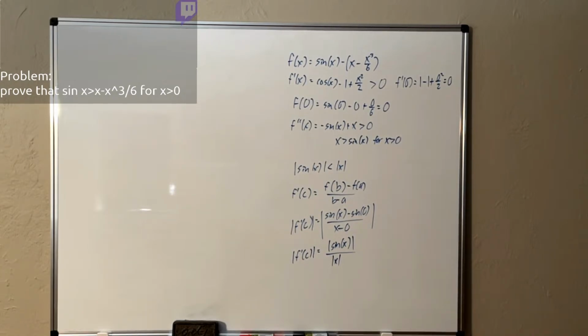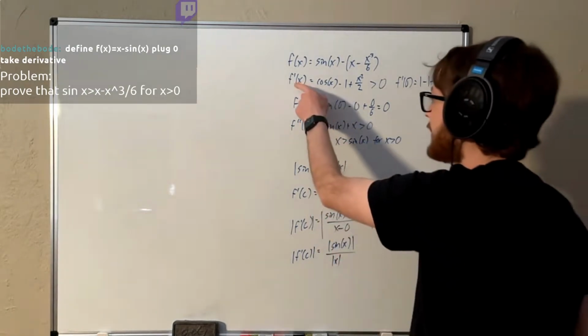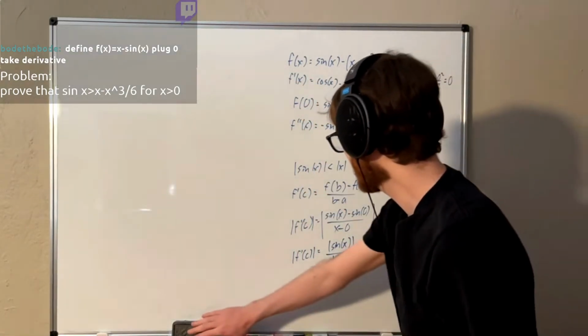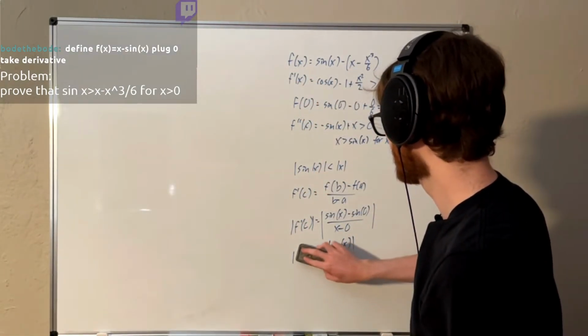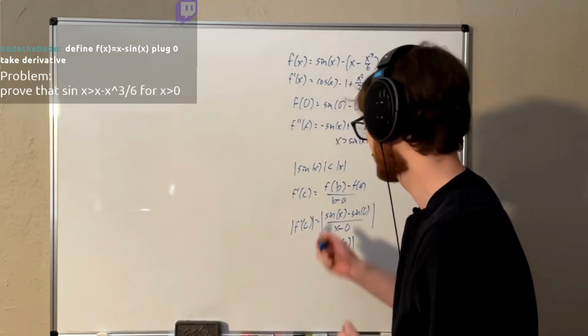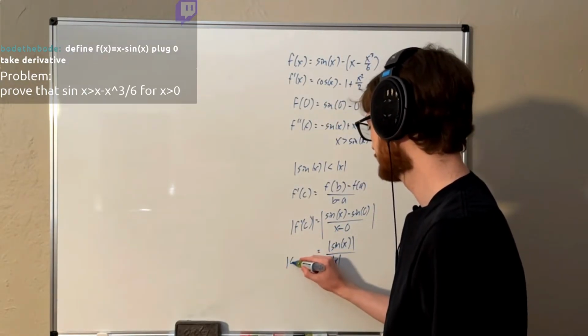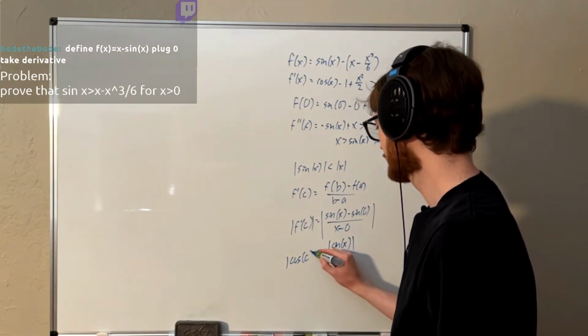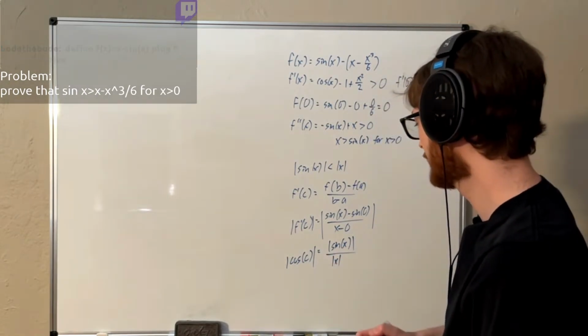Oh, f prime c is equal to cosine of c. I was looking at my theory f prime that I wrote up there, but if we're just doing it with f of x equals sine of x, yeah, okay. Cosine of c.